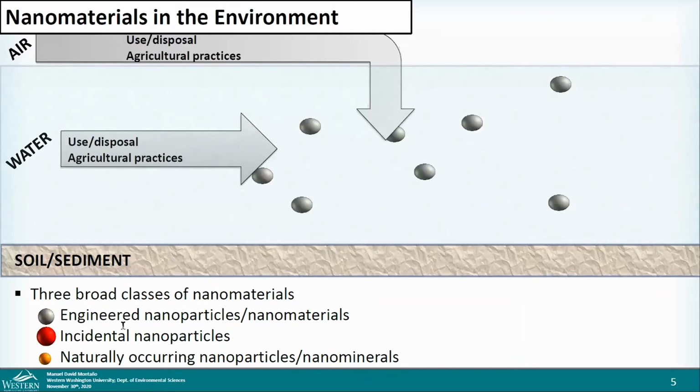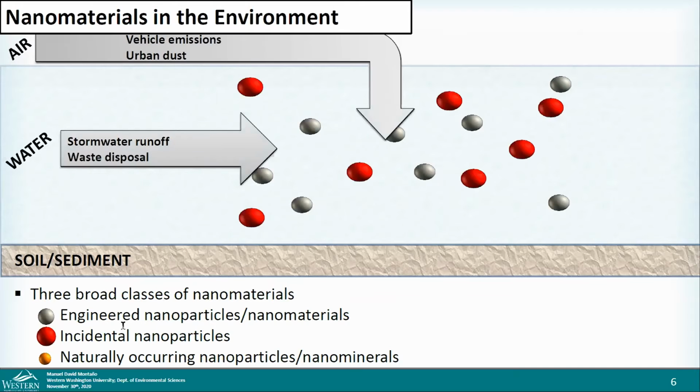We have our engineered nanomaterials, the ones that we create specifically to have nano properties, and so those can enter into the environment through use and disposal and agricultural practices. And then we have incidental nanomaterials, which are also man-made but not intentionally so. So this is the colloids that come from stormwater runoff and waste disposal, urban dust, brake wear, tire wear.